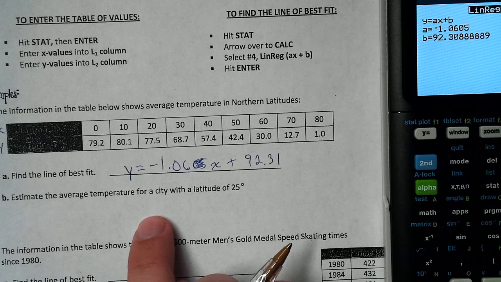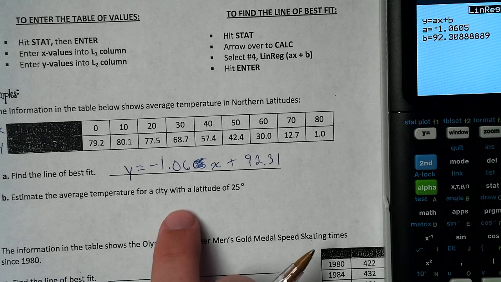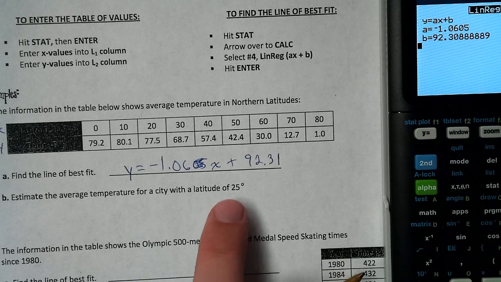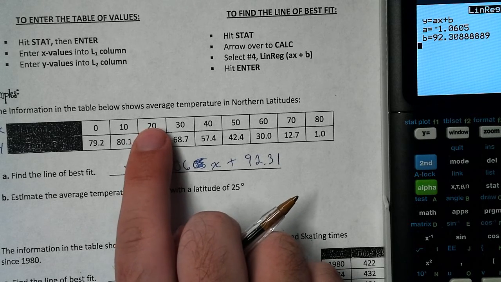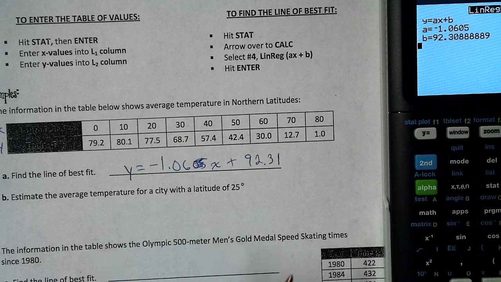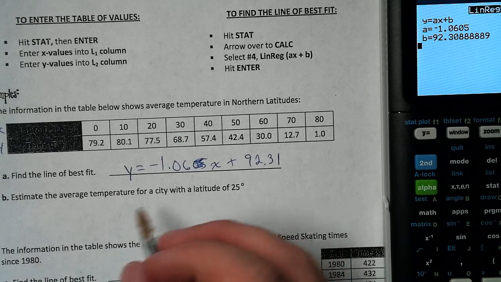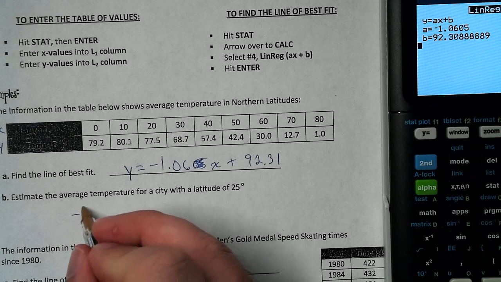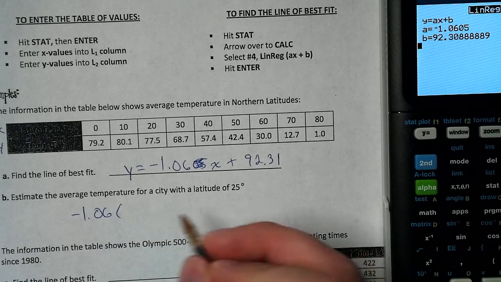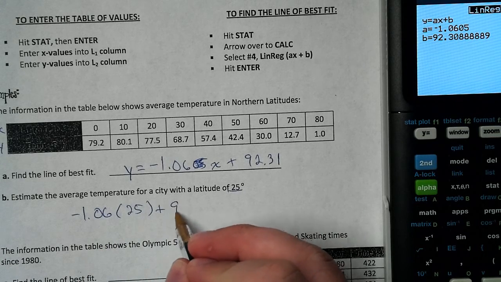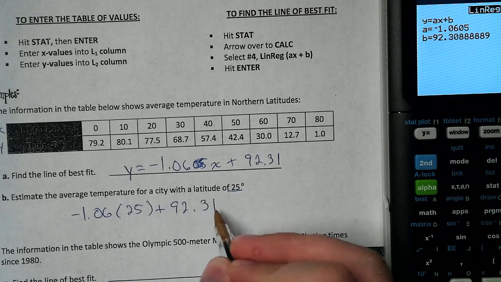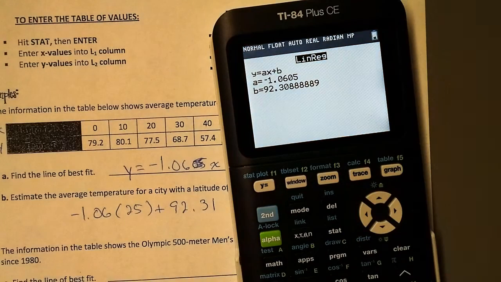Now it says, estimate the average temperature of a latitude at 25 degrees. Well, that 25 degrees is going to be in between 20 and 30. So all we'd have to do is take our line, negative 1.06, put in 25, and just hit calculate from there.